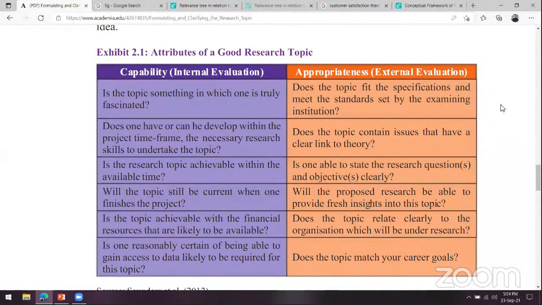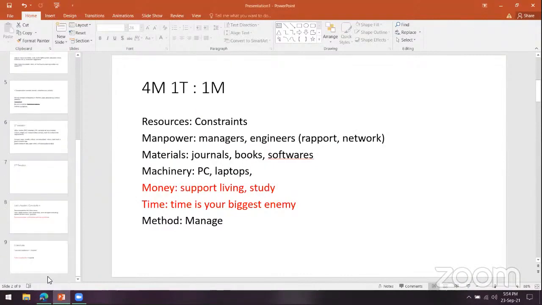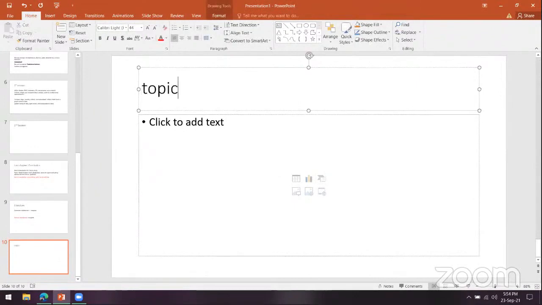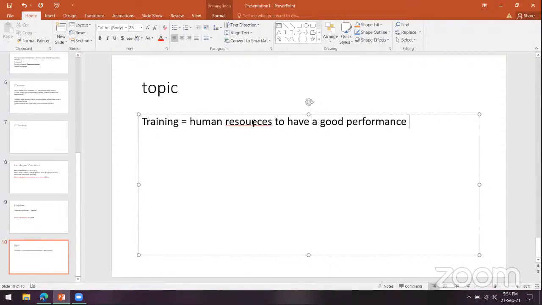Something interesting, looking at another angle. For example, if you say that we need to give training to manpower so that they can have better performance, then this is already known.